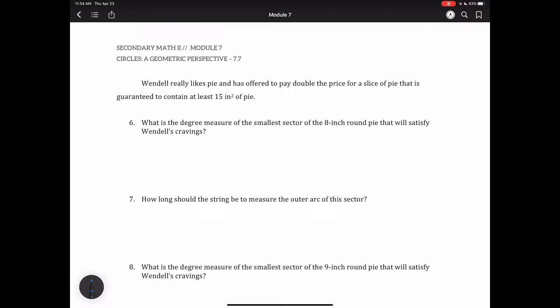So again, we have our 8-inch pie here with the radius of 4, and we need to get that to equal 15 inches squared, okay? So the area is equal to 15 inches squared. So now we need to say, okay, well, I know that the area is actually pi times the radius squared times the fraction of the circle that I'm working with, right?